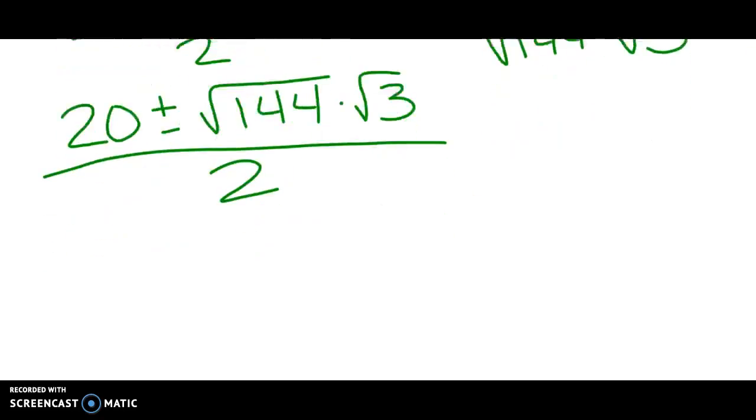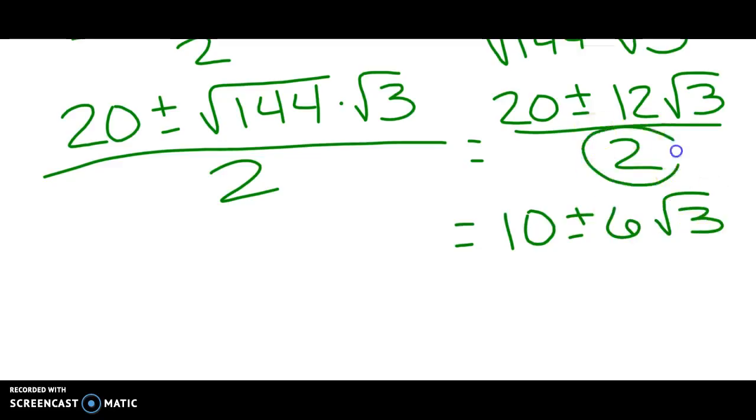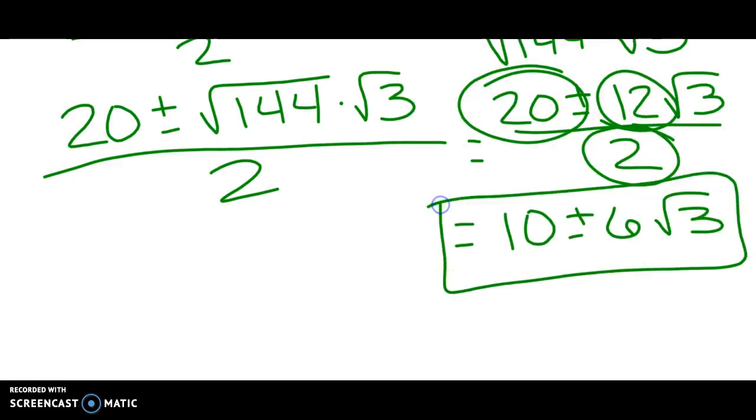And now we're going to put the fraction into lowest terms. This becomes 20 plus or minus 12 square root of 3 all over 2. And then this becomes 10 plus or minus 6 square root of 3, because everything got divided by 2. And there you go. There's the answer for that.